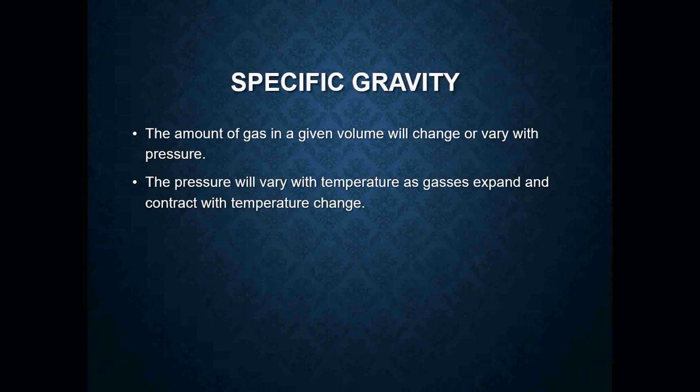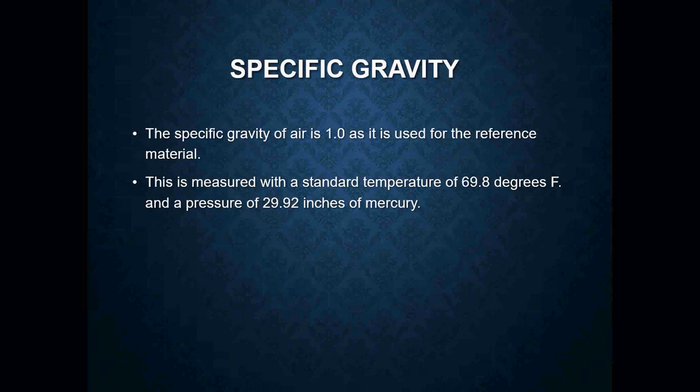Okay? So the specific gravity is going to change on our gases depending on that temperature change. It's either going to expand or contract. The specific gravity of air is 1 as it is used for the reference material.